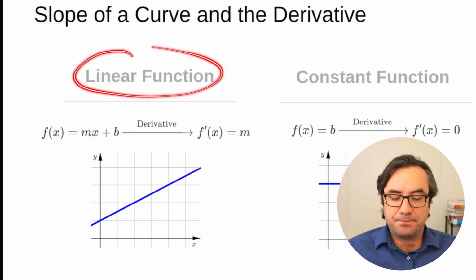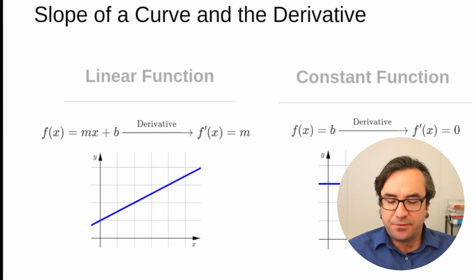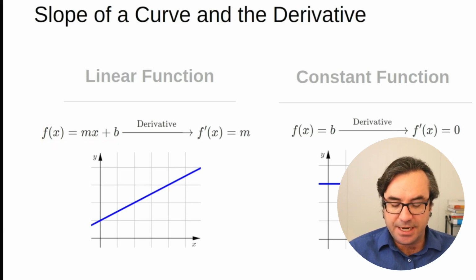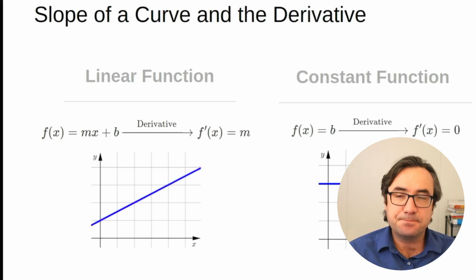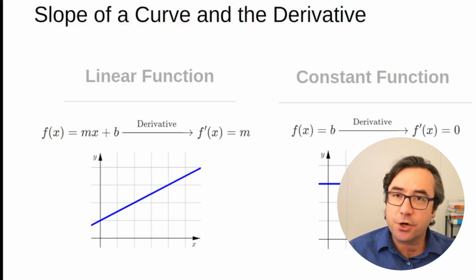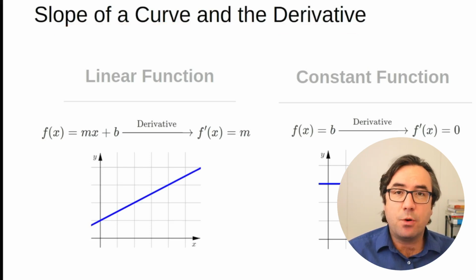We're going to look at the linear function, so a function in the form mx plus b. The graph of such a function is a line. And we want to think of the derivative as telling us what the slope of the curve is at any point on our function.